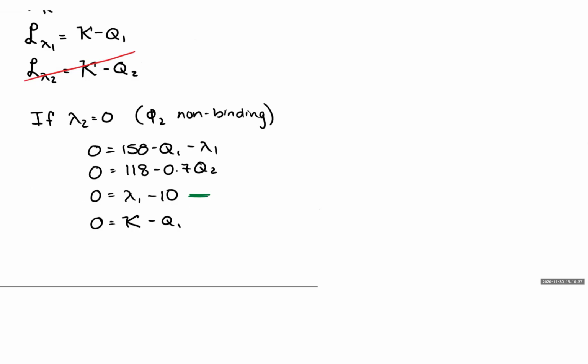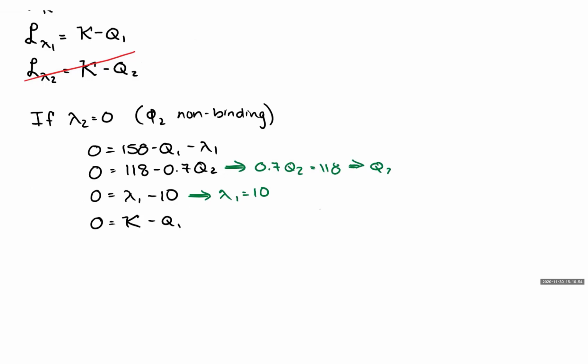So now I would still know that lambda 1 is equal to 10. From the second equation, I've got 0.7 Q2 is equal to 118. That would give me a Q2 value of 168.6. I would substitute this lambda 1 into the first equation.